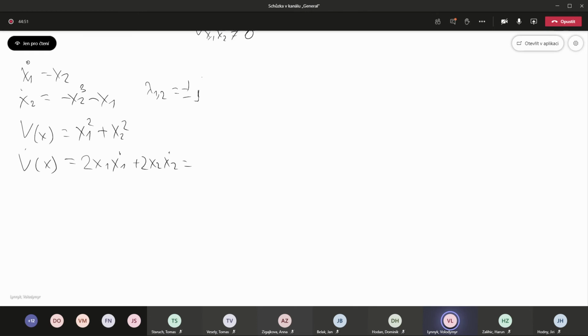Let's put x1 dot and x2 dot here: 2x1 x2 plus 2x2 times minus x2 cubed minus x1.